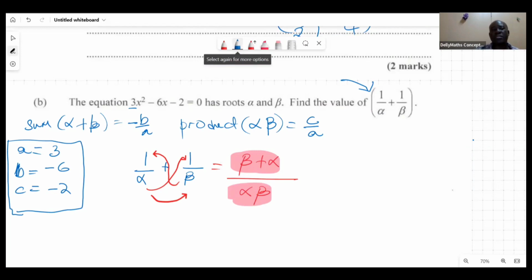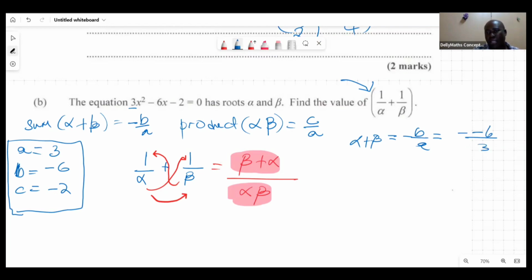So let us find out what the sum is. Remember that the sum, alpha plus beta, is equal to minus b over a, and that is going to be minus b, where b is negative 6, so it's going to be minus negative 6 over a, and a is 3.